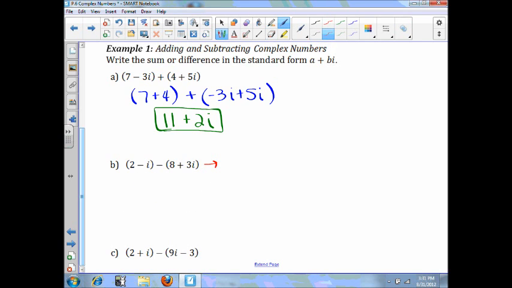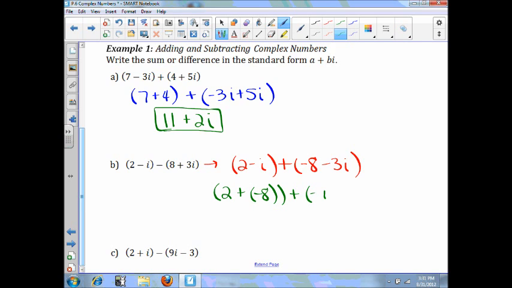Let's rewrite this as 2 minus i plus negative 8 minus 3i. Makes it a little easier to work with. So what we'll have is 2 plus negative 8 plus negative i minus 3i. Simplifying that, we'll have negative 6 plus negative 4i, so we go minus 4i.